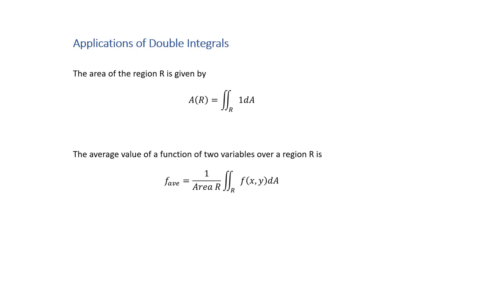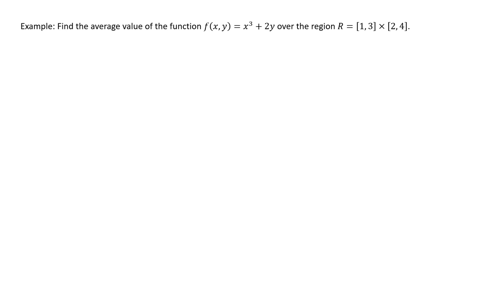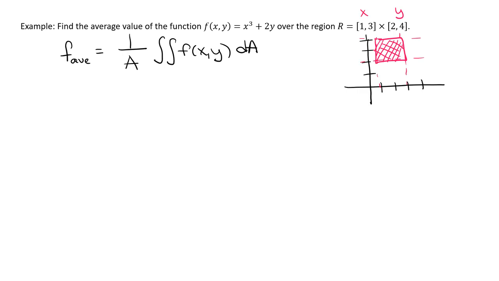Okay, but let's focus on examples. Let's see if we can find the average value of the function f(x,y) = x^3 + 2y over the region [1,3] by [2,4]. First of all, this notation for R is something that your textbook does.